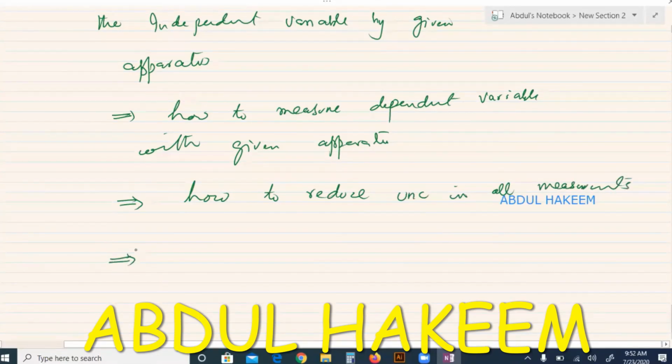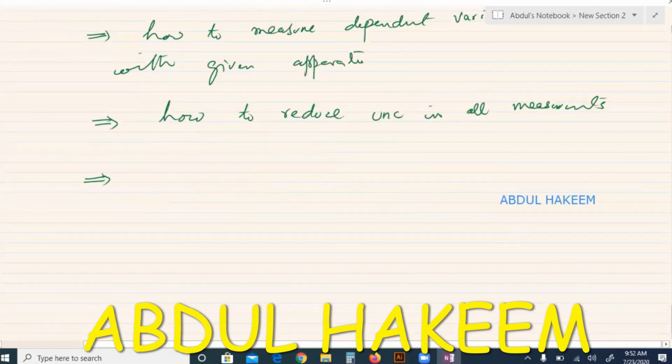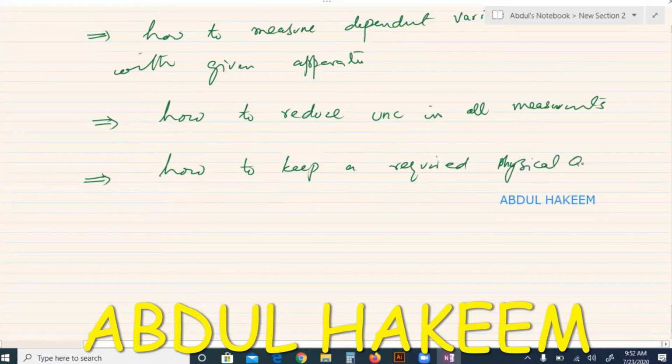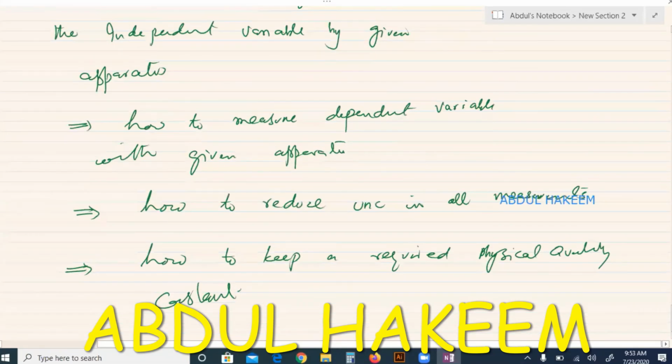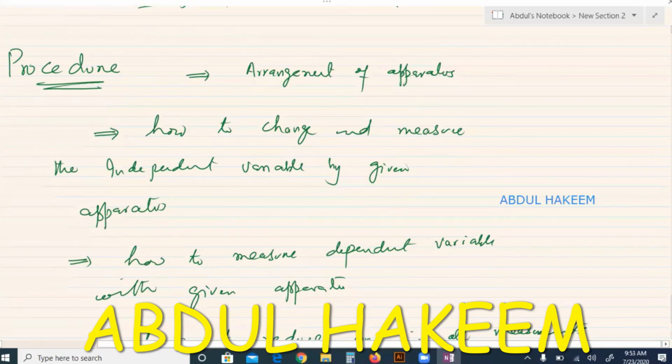And at the last, we have to write how to keep a required variable or the physical quantity constant. So this is the requirement of this procedure, again 2 marks.